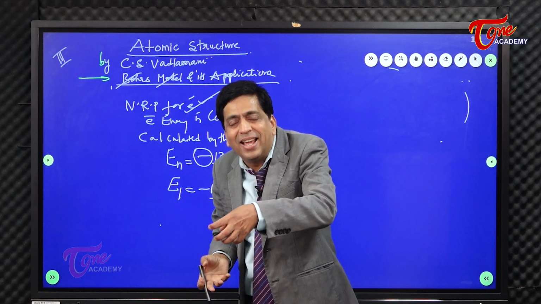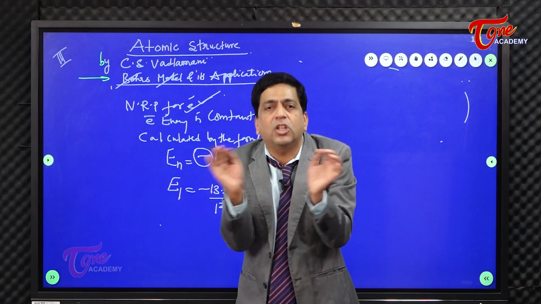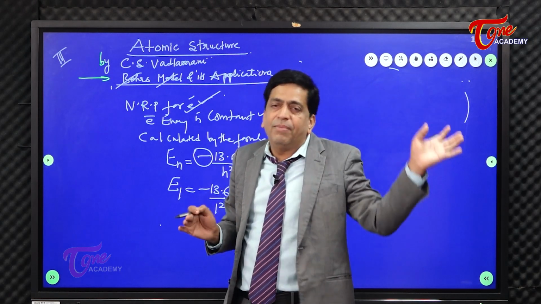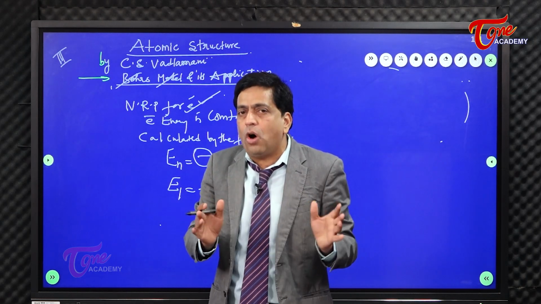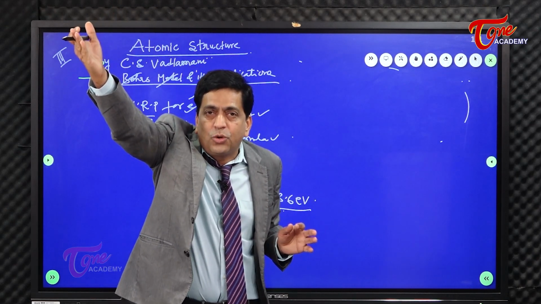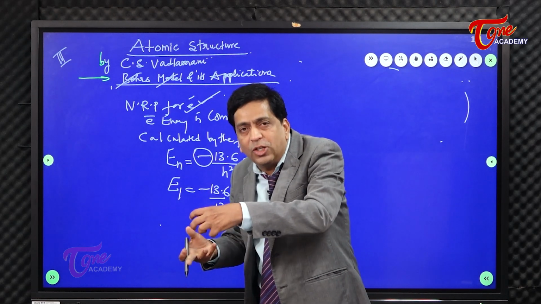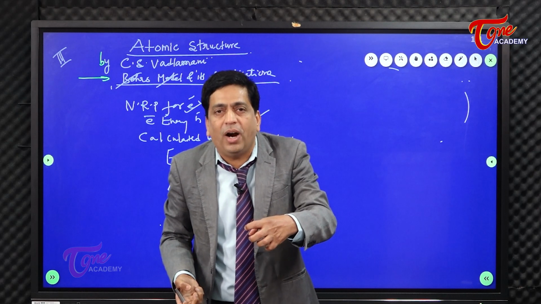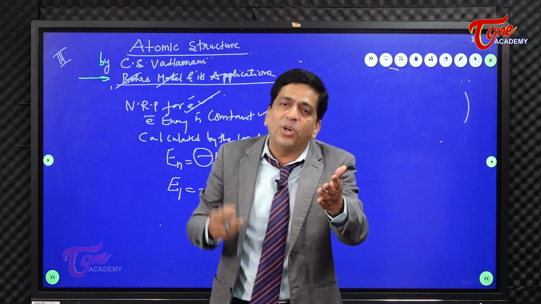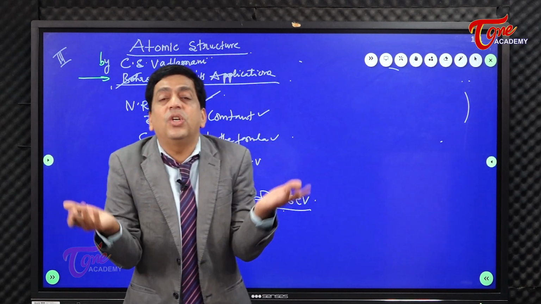That means you're bringing the electron from infinity to the influence of the nucleus such that the atom is constructed. Who constructed it is a separate issue. But it's common sense that the electron is brought from infinity to a particular point where the nucleus has influence on the electron and catches it. Now, common sense in science says that when someone brings it from infinity to a point, naturally energy is lost.